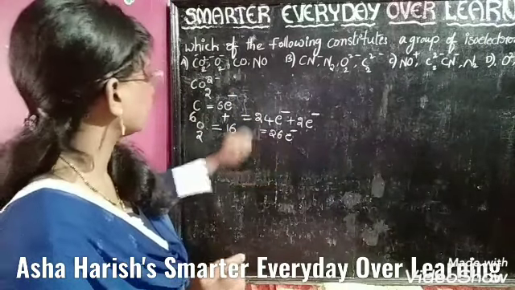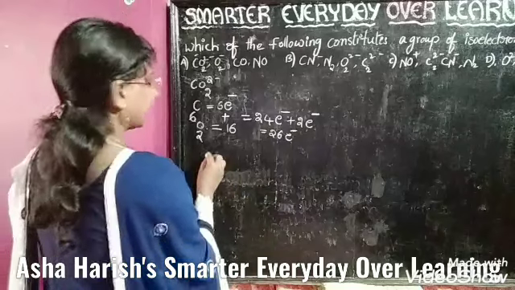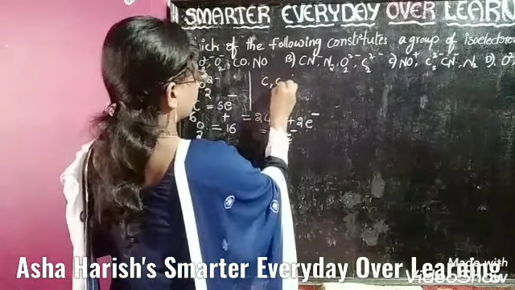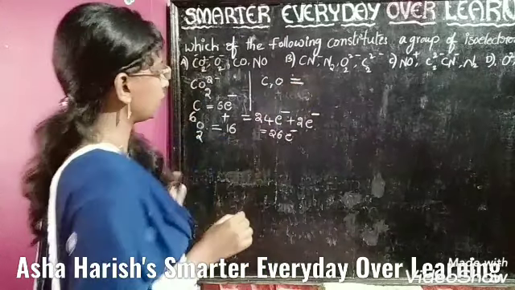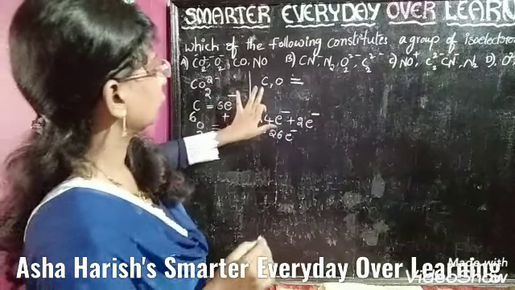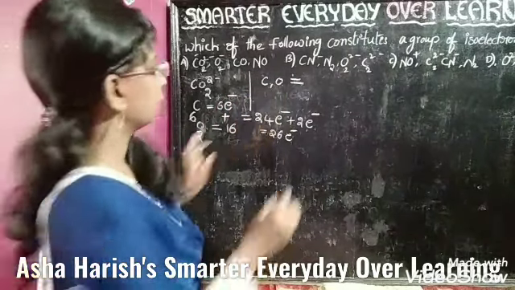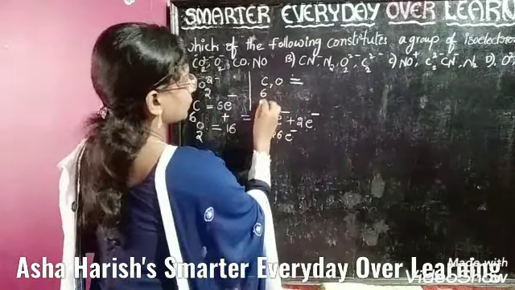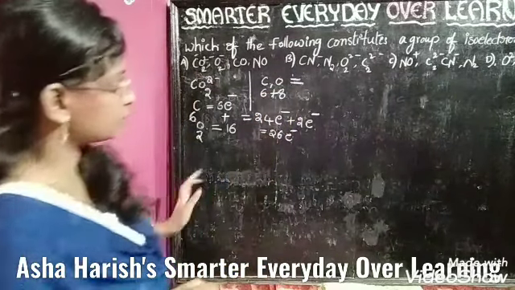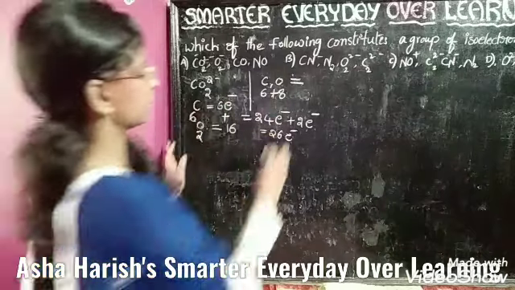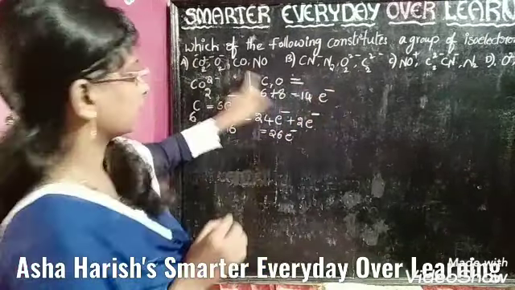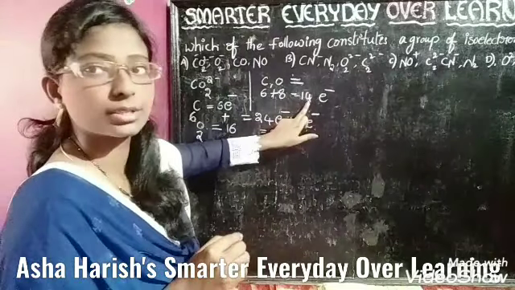Is it clear? And coming to CO, we will calculate electrons for C and O. For carbon, atomic number 6 and oxygen atomic number 8. If you add these two numbers, 8 plus 6, that is 14. So CO has 14 electrons, students.